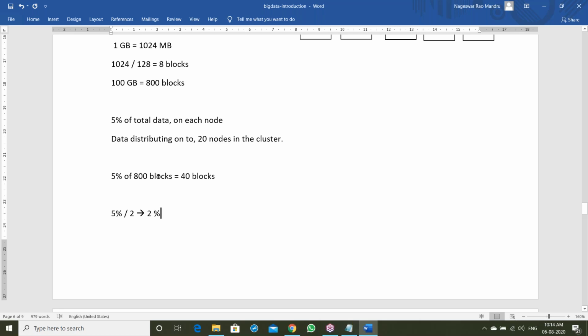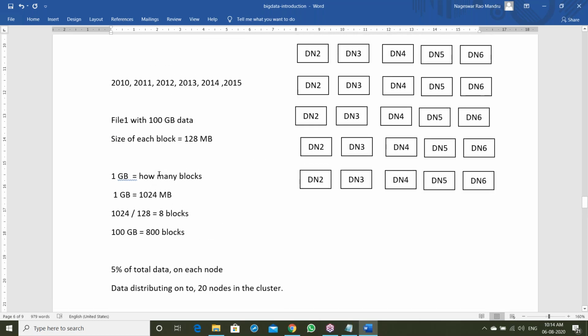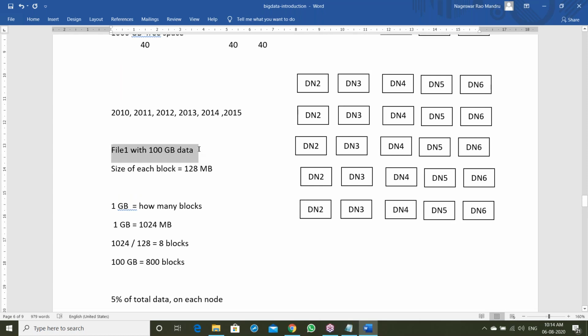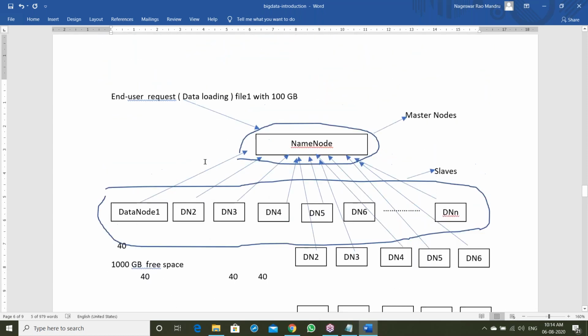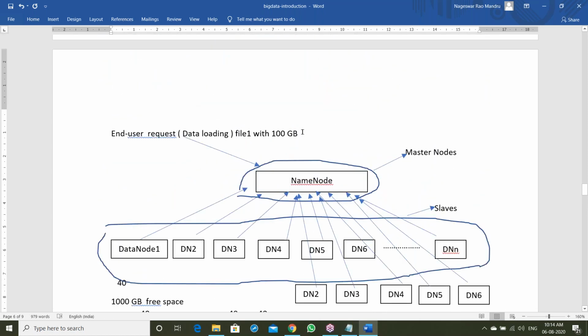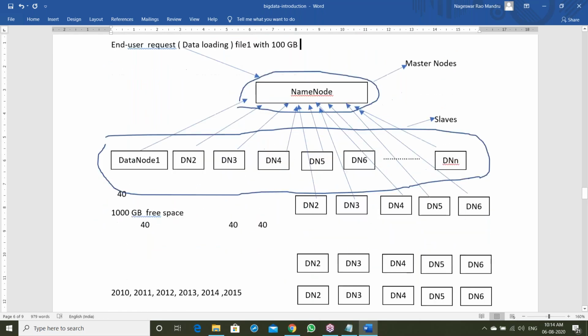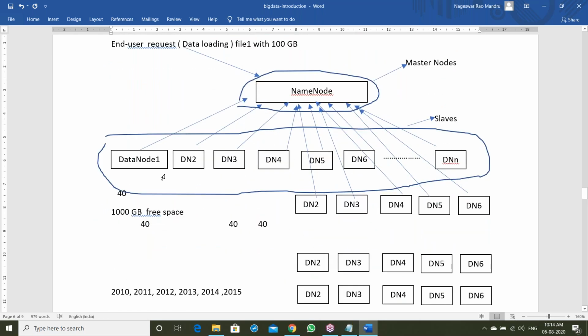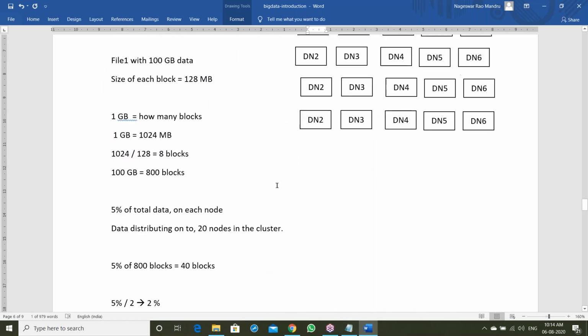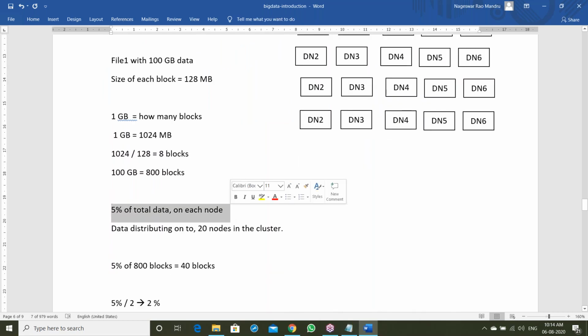I'm repeating once again. Suppose file 1 with 100 GB of data is loading. This 100 GB is distributed onto multiple nodes in the cluster. How does the distribution take place? The name node takes 5% of the total data.